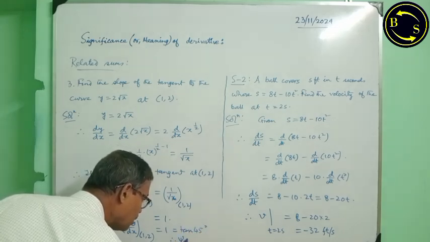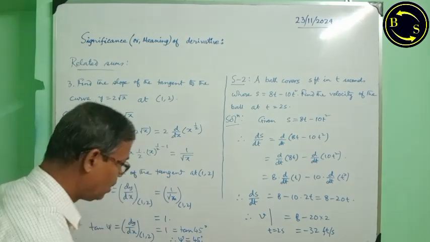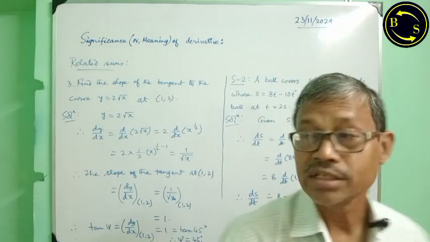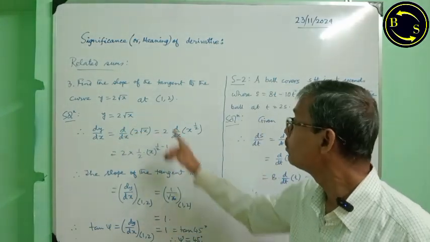Therefore, psi is equal to 45 degree. That is the angle made by the tangent to the curve y equal to 2 root x at the point 1, 2.